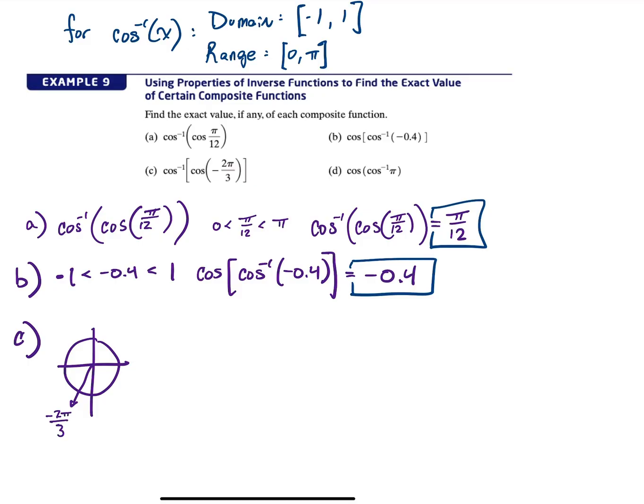And we said the restricted range of the inverse cosine is between 0 and pi, so we need an equivalent angle on the top half of the unit circle that would have the same cosine value. So that would just be our positive 2 pi over 3.